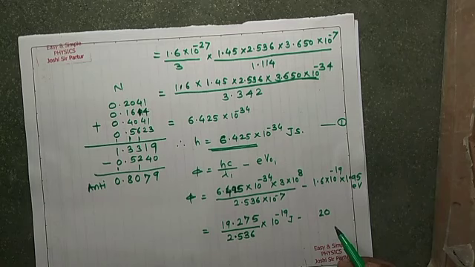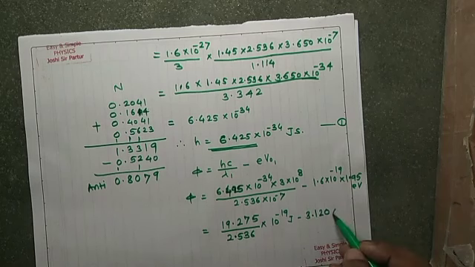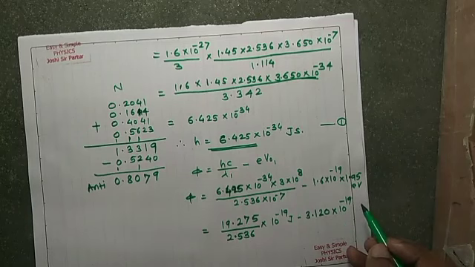When 8 is added, 152 becomes, 15 will be remaining, 16 1 the 16 and 15 31 is there. So that it will be 3.120 into 10 to the power minus 19 joule.